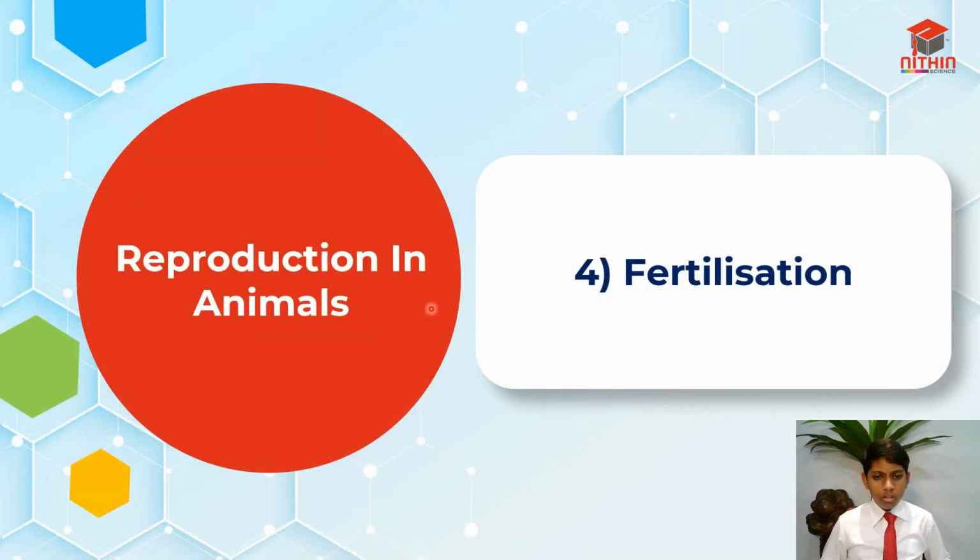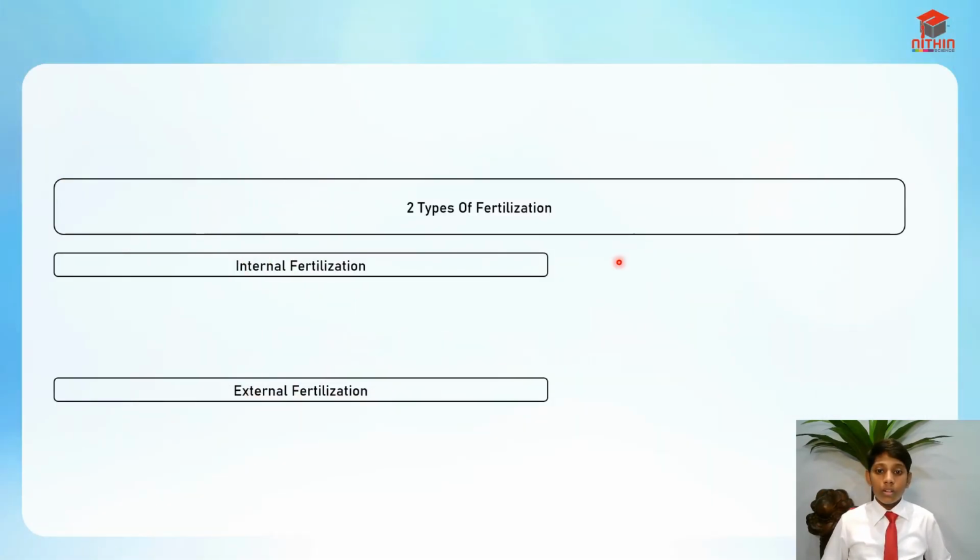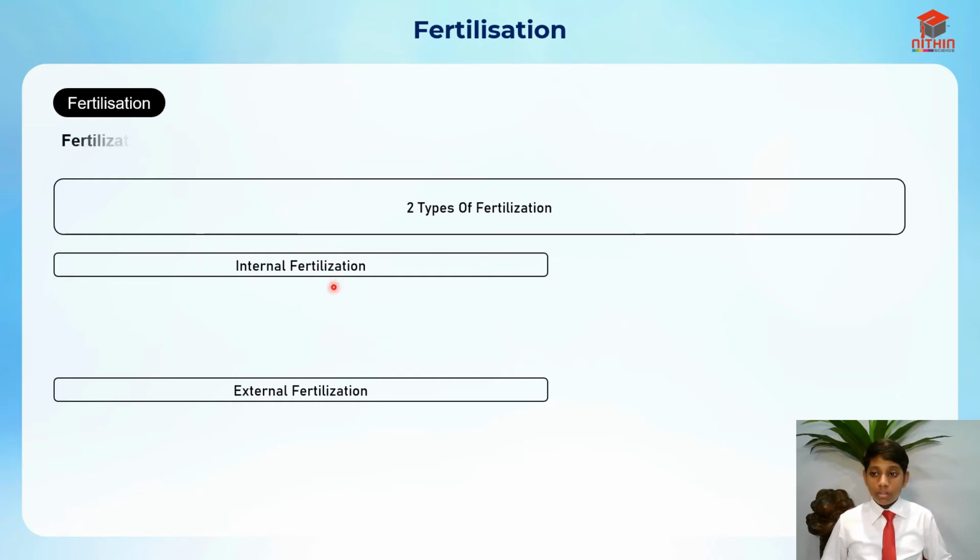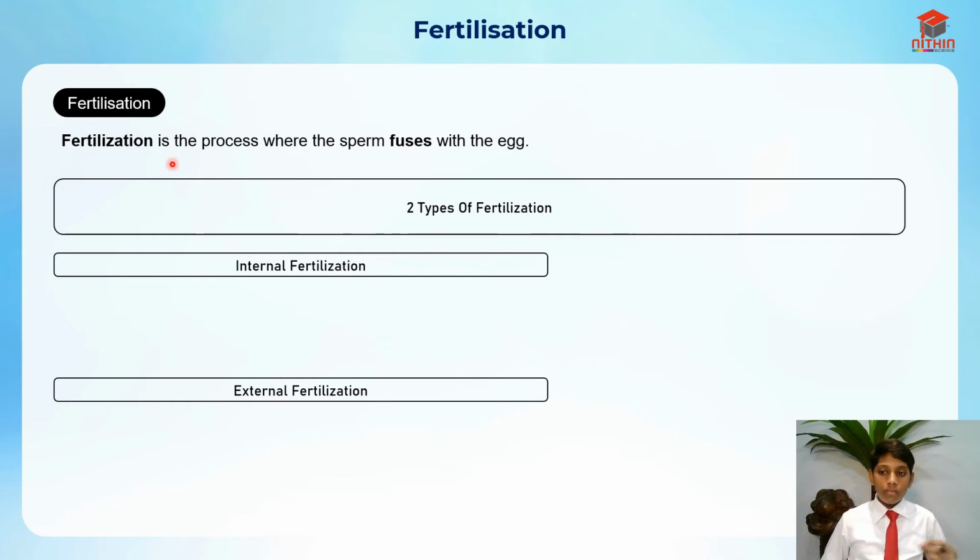Okay, now I'm going to talk about fertilization if you still do not understand it. Basically there are two types of fertilization. First let me tell you about internal fertilization. You need to know what fertilization means, which I already told you in the previous slide. Fertilization is when the sperm fuses with the egg.